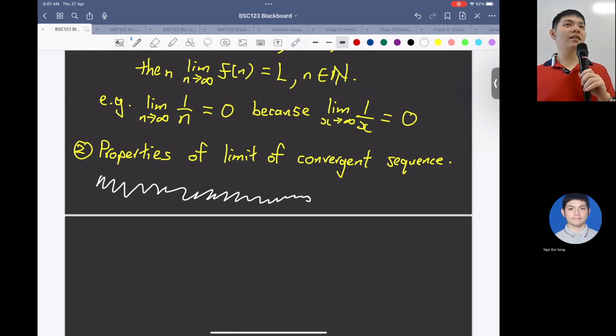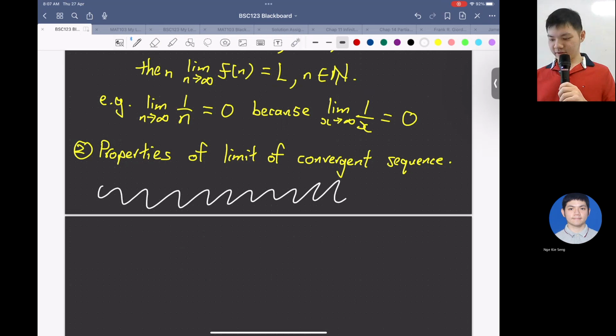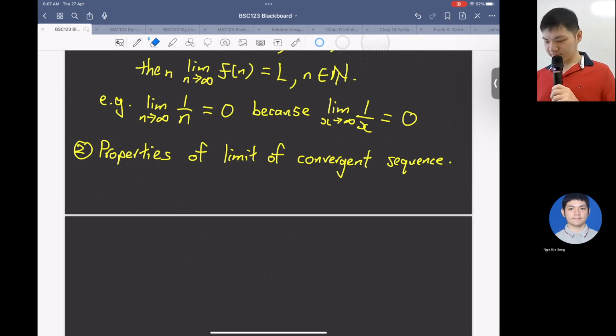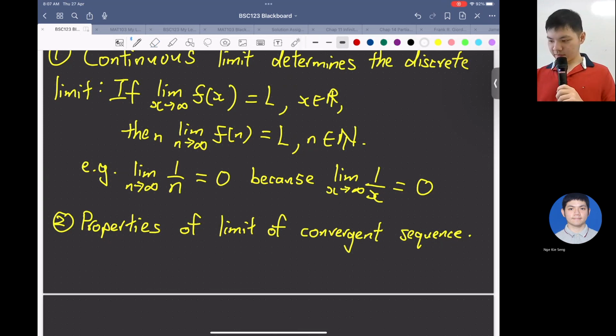Yellow. Okay. White or yellow? Yellow. Okay. Try black? Nah.